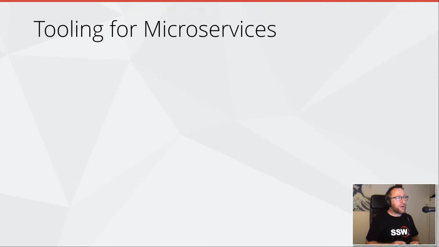So the first thing to talk about is tooling for microservices. To explain the pain, I've been working with microservices a little bit recently. And what I mean by microservices is small apps that are integration apps where messages are being fired from lots of different services. They're not my services, but they need to talk to each other. So I've got function apps that pick up messages and send them around.